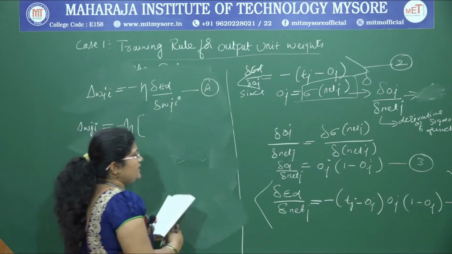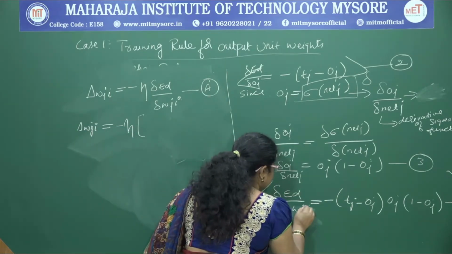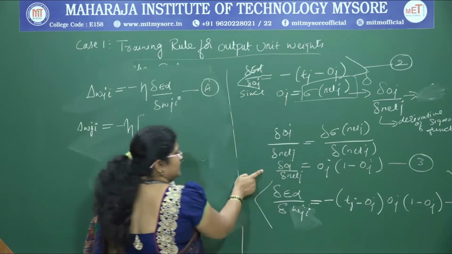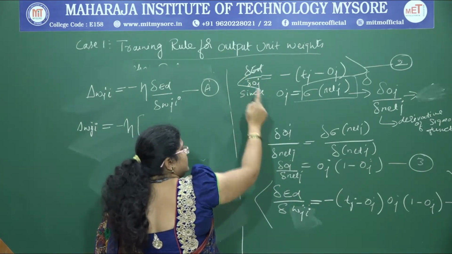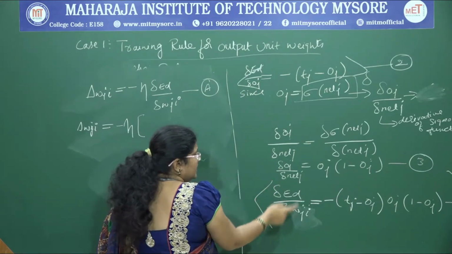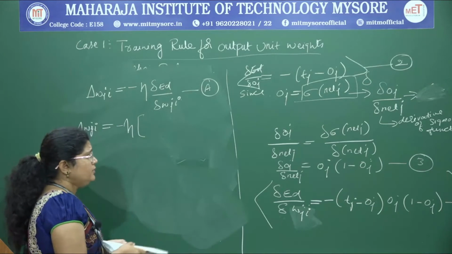Sorry, it is not ED by net j, it is ED by Oj, this is Oj by net j, this is delta ED by delta Wji.